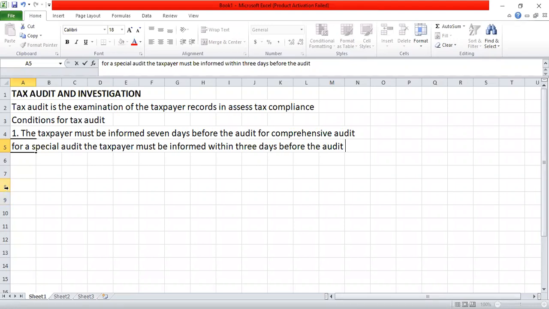For example, if it's a VAT refund, it can be 3 days before the audit is going to be conducted.